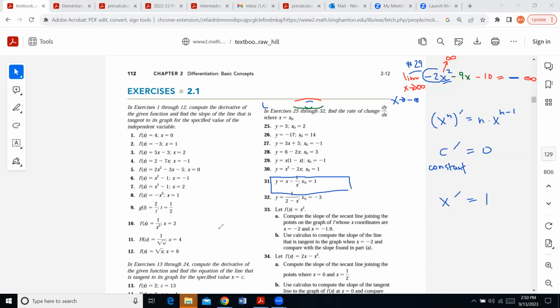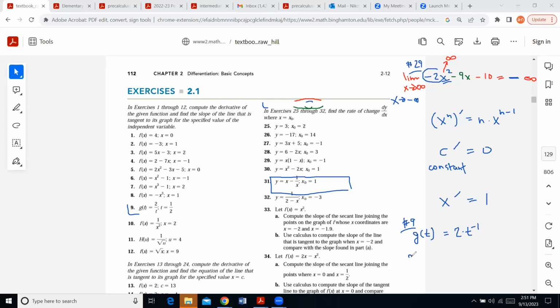So let me try an exercise here. Let's say, how about problem number 9? That gives us the function g of t, and I can rewrite it as 2 multiplied by t to the power of negative first.